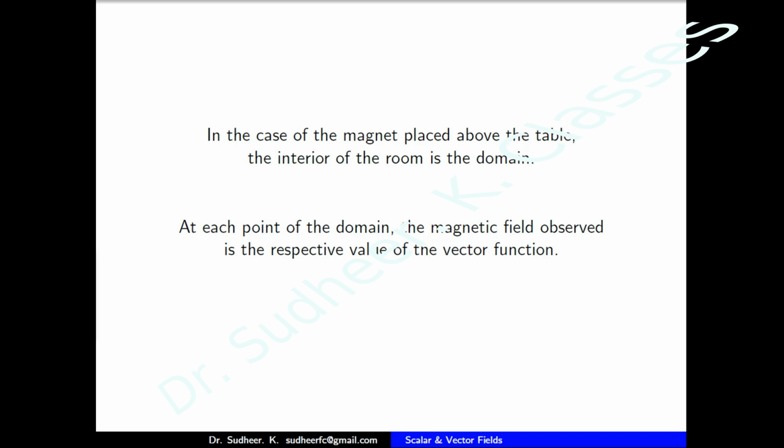In the case of the magnet placed in a room, the interior of the room is the domain. At each point of the domain, the magnetic field observed is the respective value of the vector function. So the vector field will be the collection of magnetic fields observed at different points in the room.